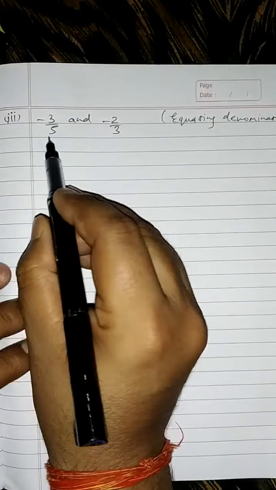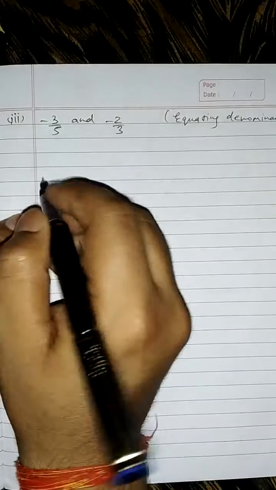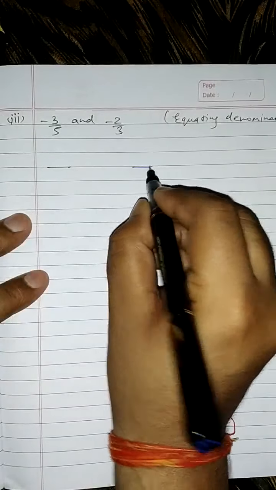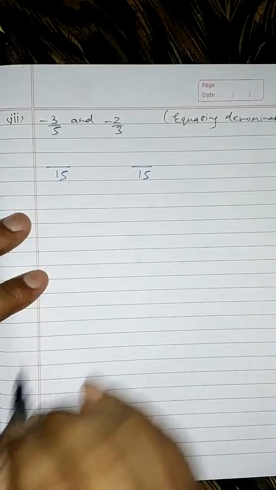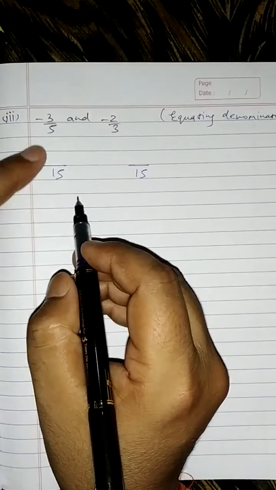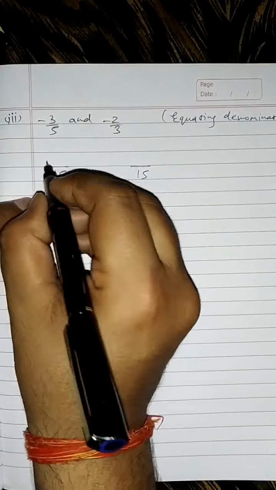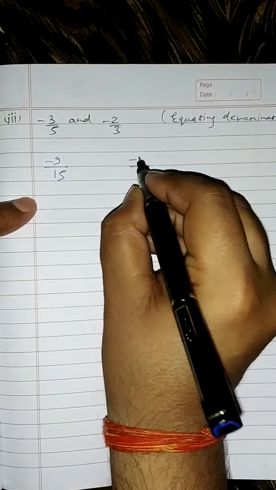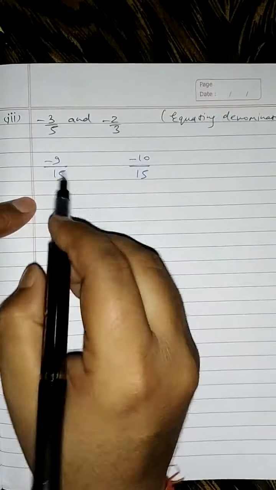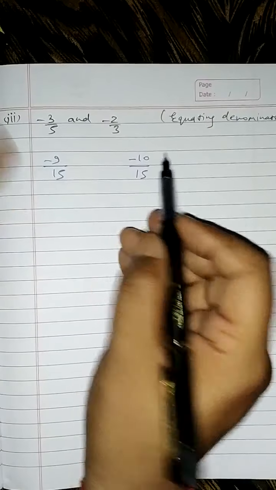For that, we have to find the LCM of 5 and 3. LCM of 5 and 3 is 15. Put 15 below these. 15 divided by 5 is 3, and 3 3s are 9, so minus 9. 15 divided by 3 is 5, and 5 2s are 10. But students, there is nothing between minus 9 and minus 10.